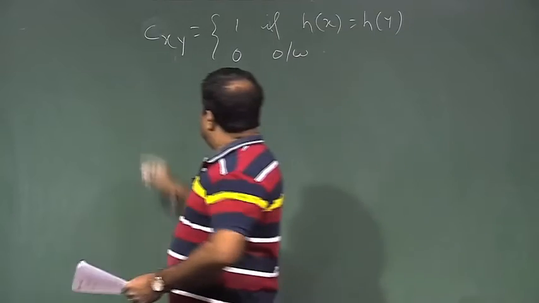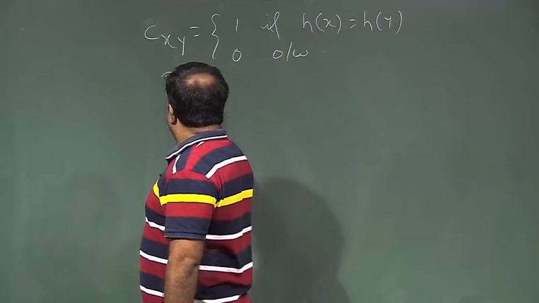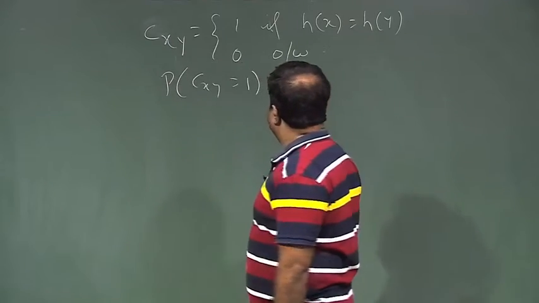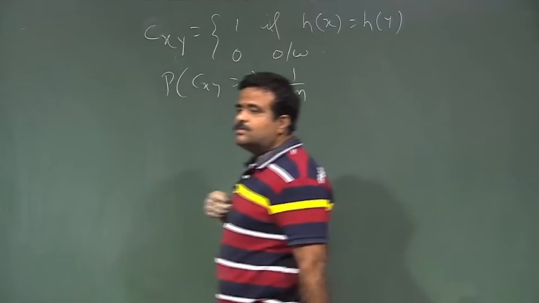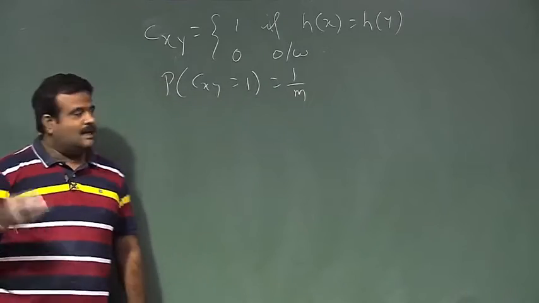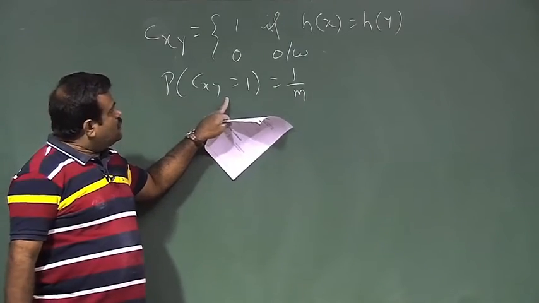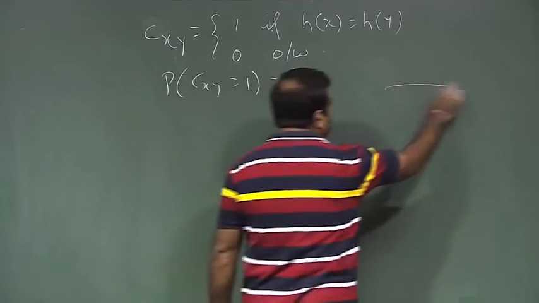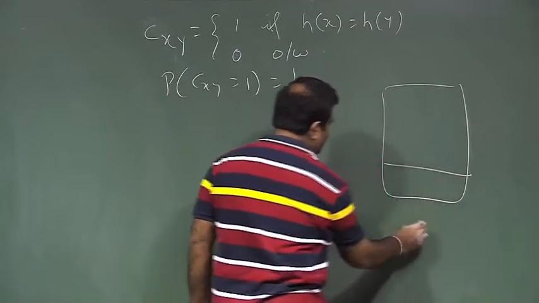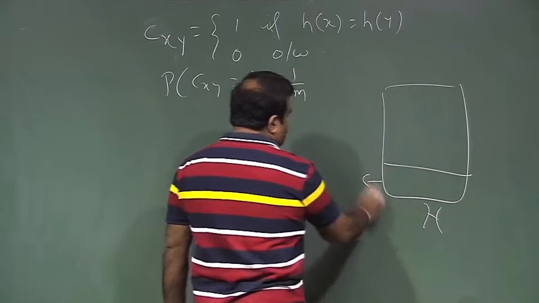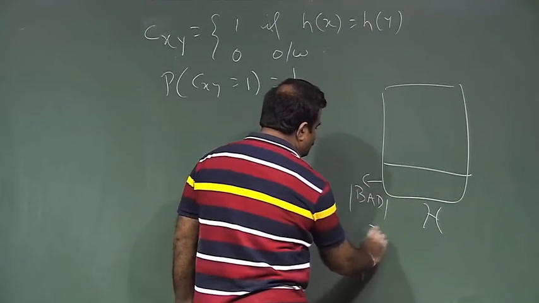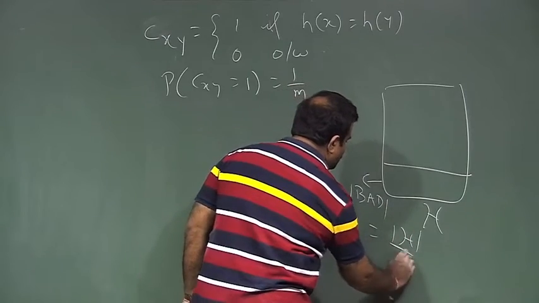Now, what is the probability that C_xy is 1? It is basically 1 by m, because we are fixing x. So we are choosing the hash function from this universal set H, and this is the bad portion, whose cardinality is the cardinality of H by m.